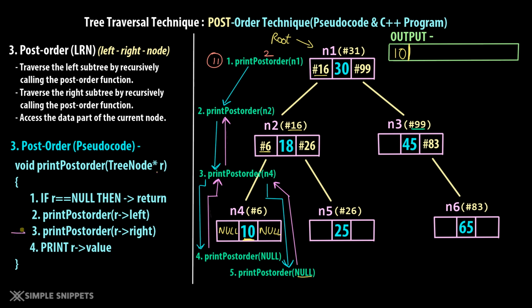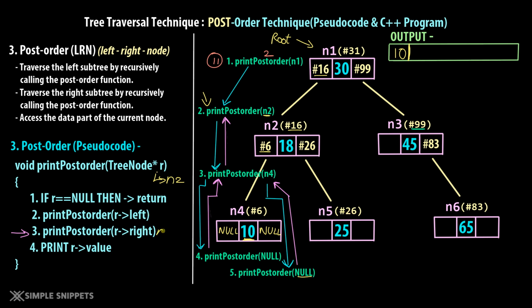So what is there at step 3? At step 3, we are calling print post order and we are saying R of right. At this function level, at this second print post order, the R value that you're passing is n2. So R is nothing but n2 over here. When step 3 is executed, we are saying print post order R of right, which is n2 of right. n2 has a right of hash 26, which is nothing but the address of n5.